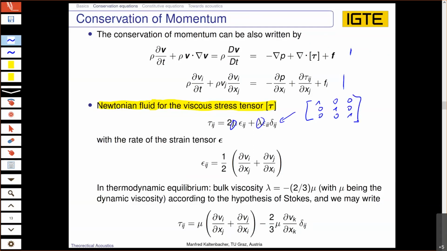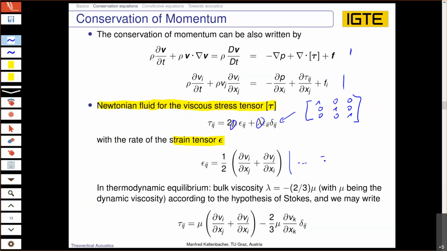And we have here also the strain rate. And this is now very important to look at. You see, you have once the derivative of the velocity i-component with respect to x_j, and once the j-component with respect to x_i, which means this here is a symmetric tensor.